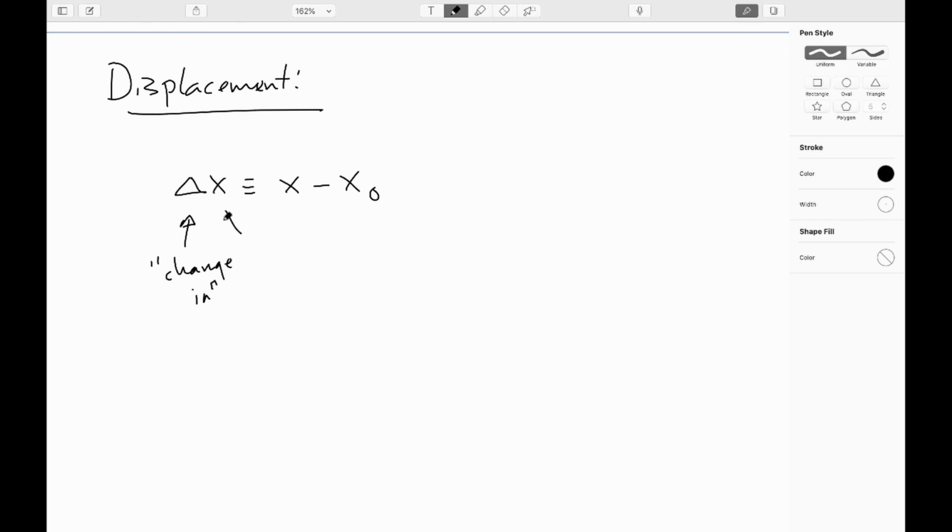We've already said x, if it's right-left, or y, if it's up-down, is position. So this already gives us our first clue here. Displacement is the change in position for some motion.